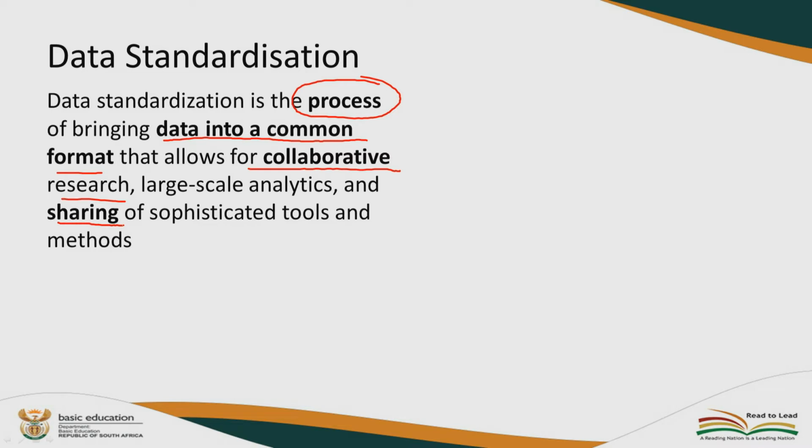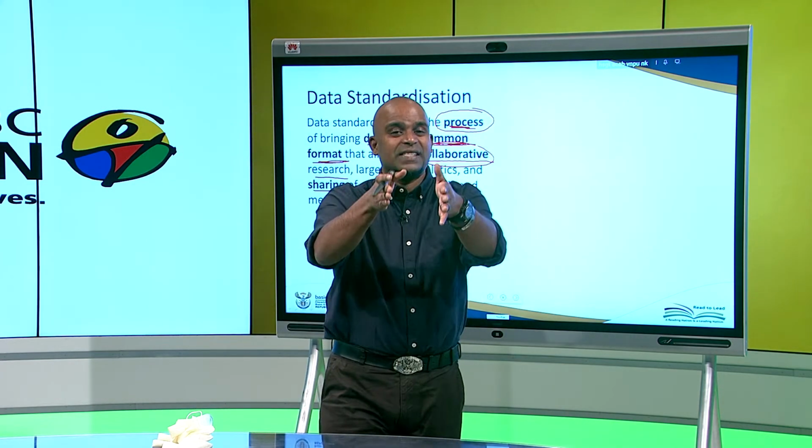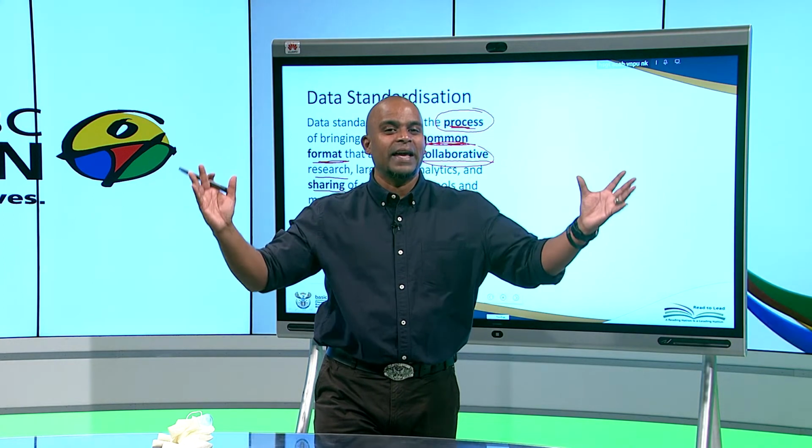So, in understanding this definition, what you should be considering is data standardization is a process that we need to ensure that common formats are used for collaboration. Collaboration simply means working together with the same information to make decisions.